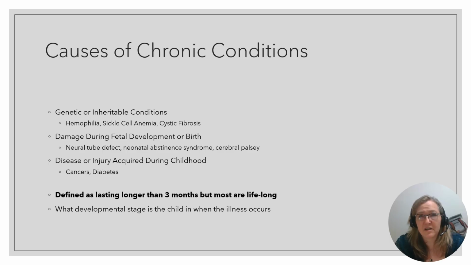So it's not something like a medication-induced hepatitis situation or mononucleosis. It's something that's going to be usually lifelong that they're dealing with. And you also want to consider the developmental stage where the illness occurs, because let's suppose that the accident happened and they were 6.